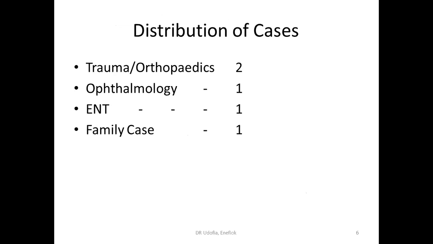And most times, for trauma and orthopedics, a lot of people get confused. We know what trauma should be, preferably an emergency traumatic case, and orthopedic. You should be able to differentiate that, because most times people mix them up.